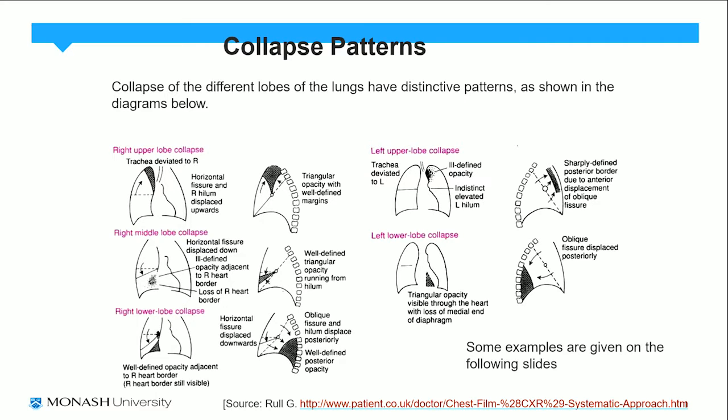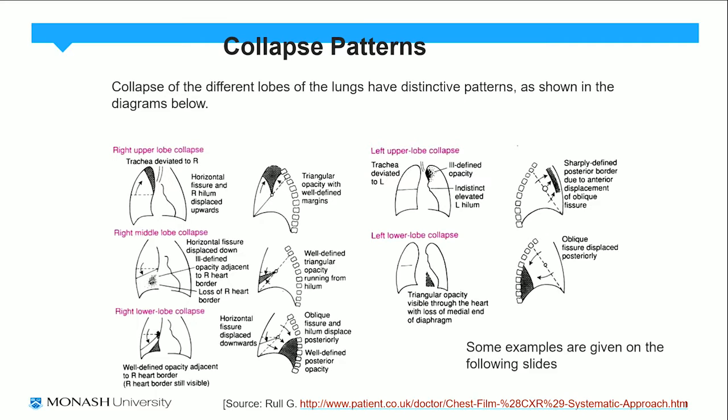On this slide, I've given you the types of collapse patterns that you can look out for. So, for example, with the right upper lobe, the trachea has deviated to the right side, and the horizontal fissure is then pulled up, so it's not at the level of the sixth rib.